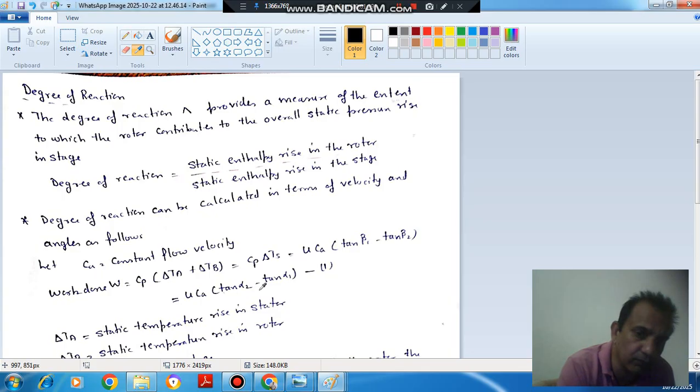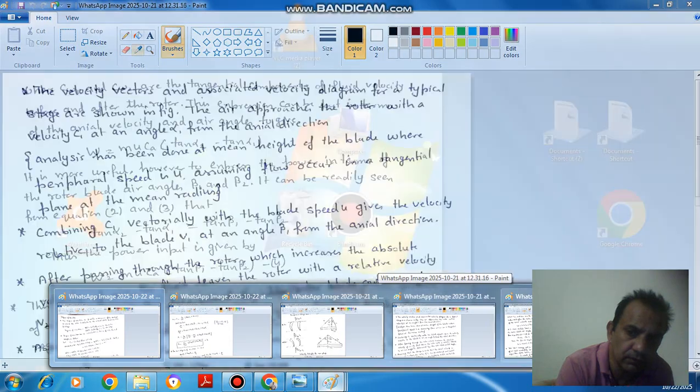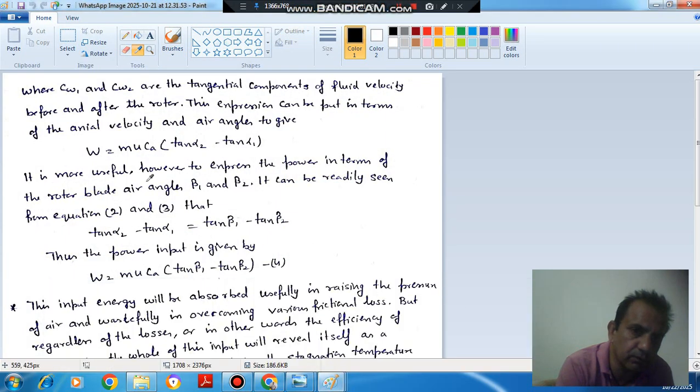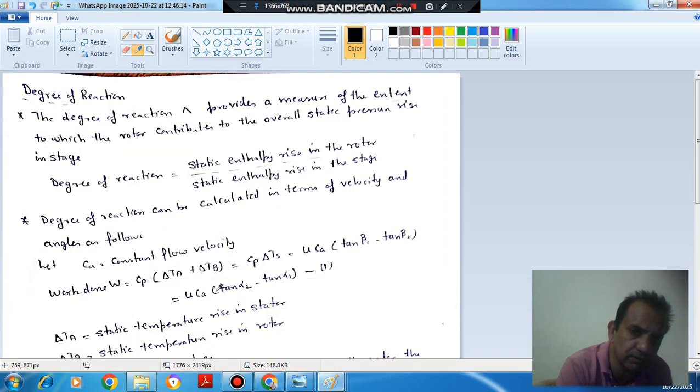And for work done we have derived the expressions in the previous videos: W is equal to U Ca (tangent alpha 2 minus tangent alpha 1), and W is equal to U Ca (tangent beta 1 minus tangent beta 2), considering unit mass. So this is equation number 1.